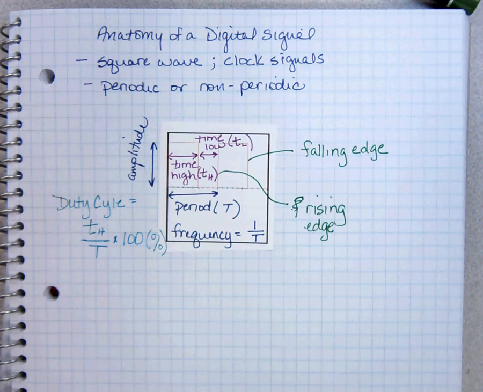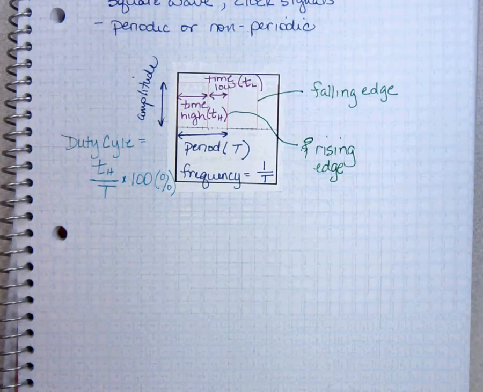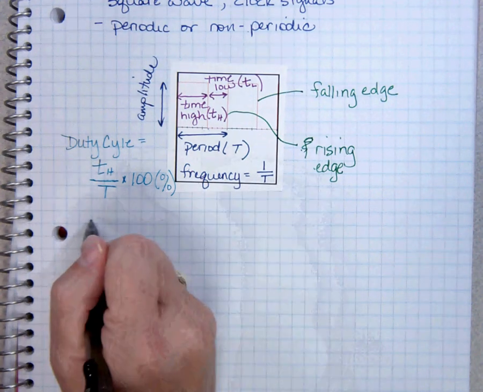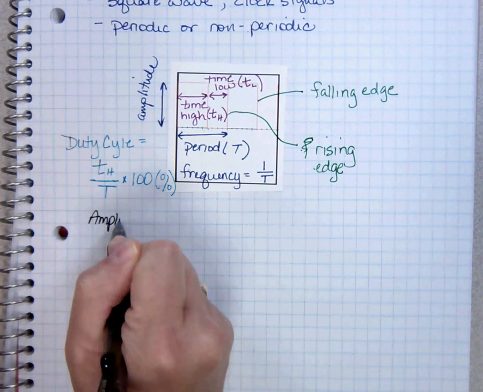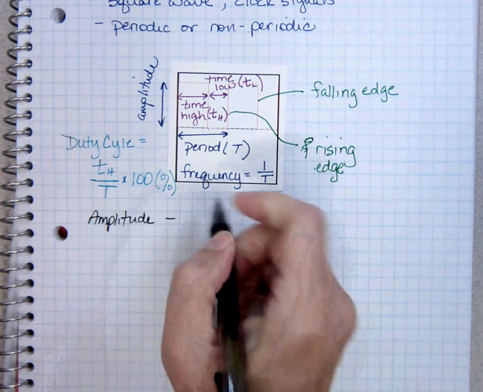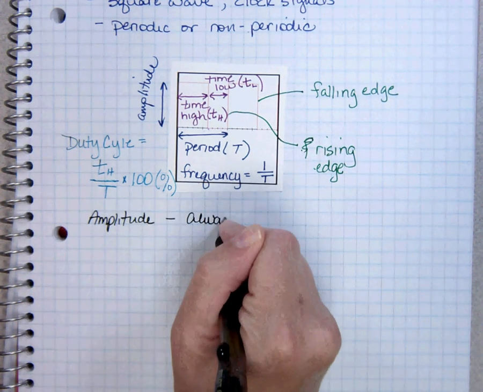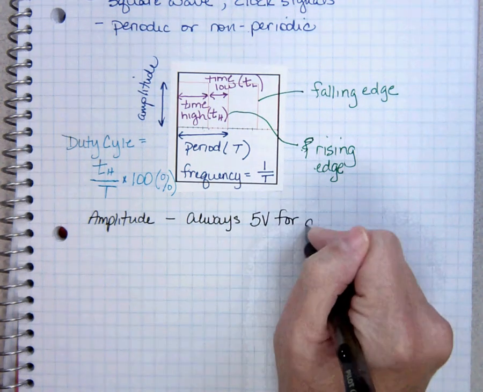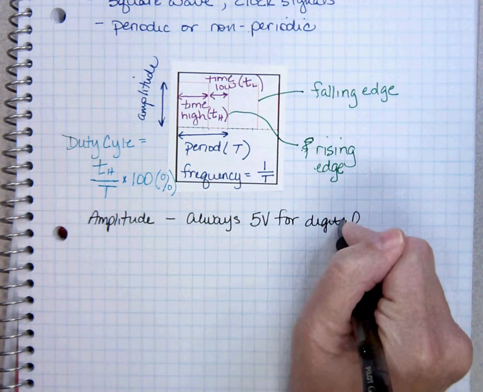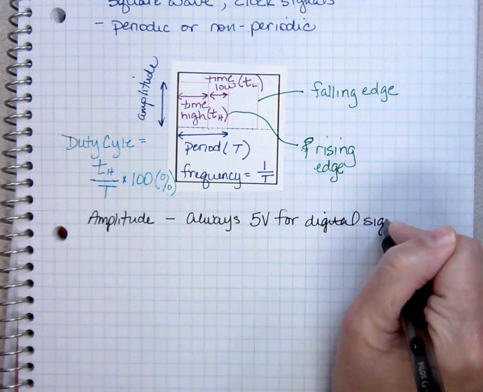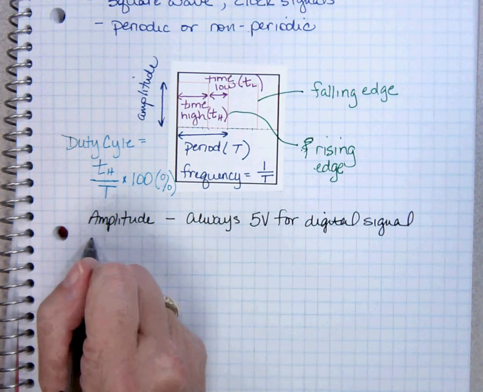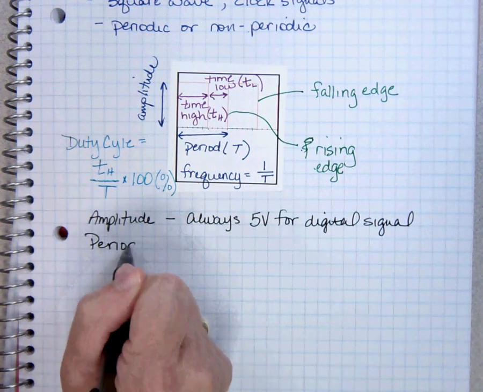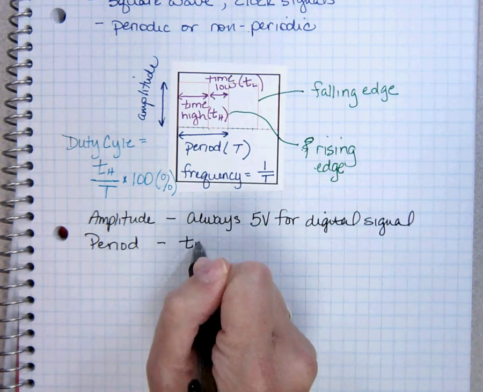Okay, so let's go through a few of these definitions so you have them down. We've got amplitude. Amplitude is always 5 volts for a digital signal. Period. Time for one cycle.